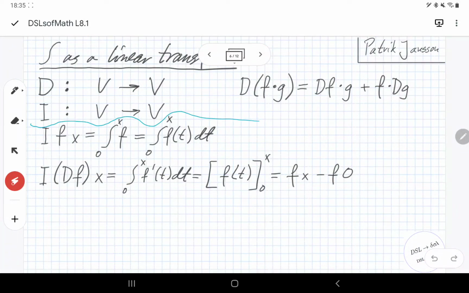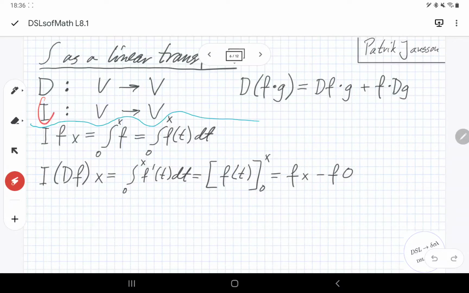Now let's look at the opposite of the derivative, the integral. Let's look at the integral as a linear transformation. Here I've chosen to ignore the first argument to the integral that we used a lot in week 6, the value at 0. I just say the value at 0 is 0 to simplify matters, to see the symmetry here.